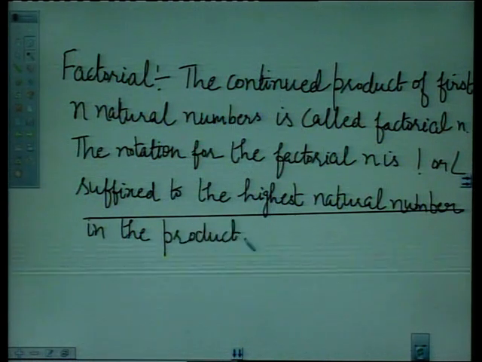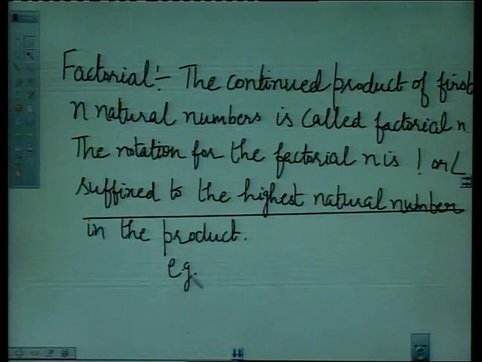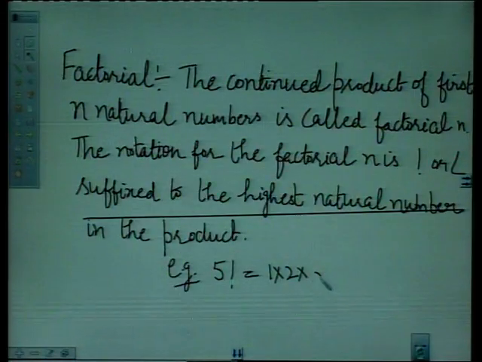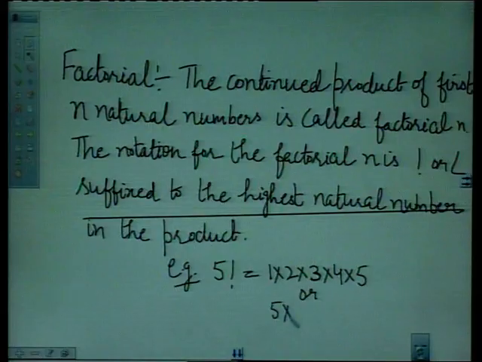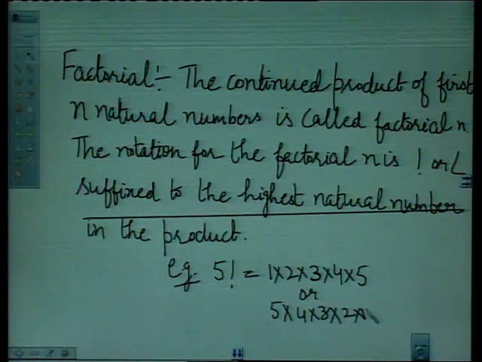For example, 5 factorial is equal to 1 into 2 into 3 into 4 into 5, or we can write this as 5 into 4 into 3 into 2 into 1.